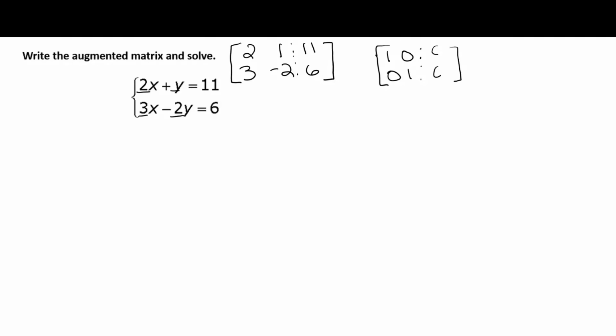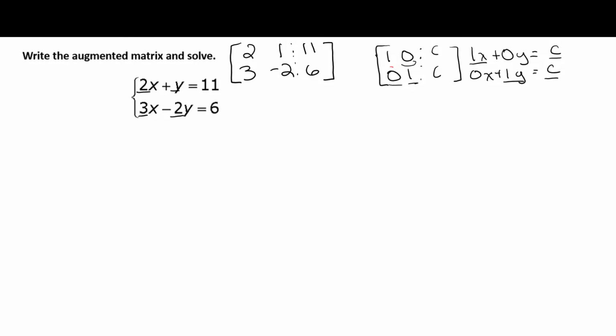I don't know what my constants are going to be yet, because what this is actually saying is 1x plus 0y is going to equal something, and 0x plus 1y is going to equal something. So in the end, I'm going to have 1x equals something and 1y equals something.